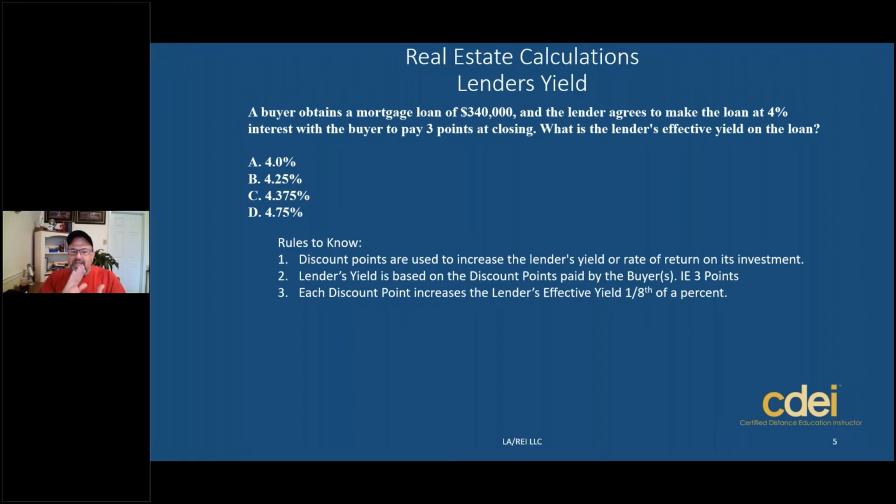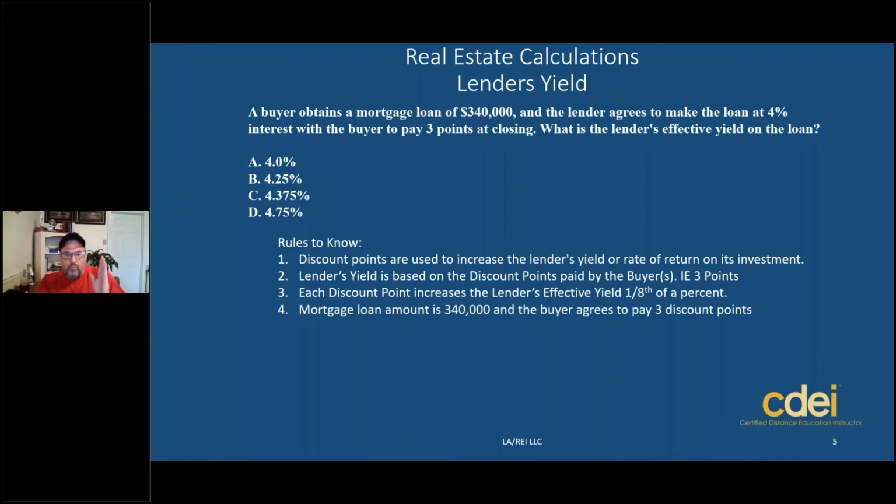Each discount point increases the lender's effective yield 1/8% on the loan. So if I've got 1/8 and I have 3 points, that's 3/8. 1/8 times 3 is 3/8, and if I divide that out, that's 0.375. We need to know that.